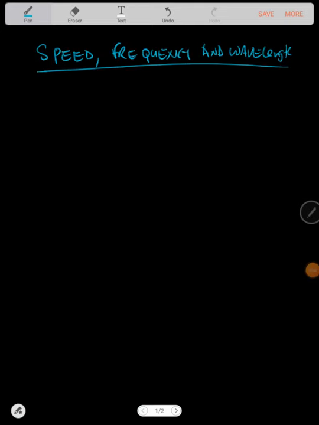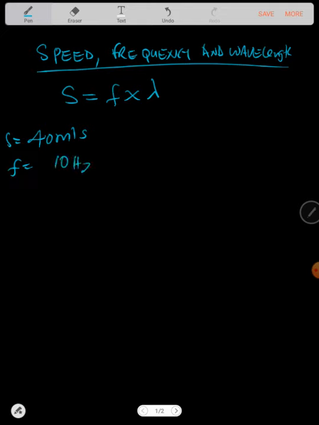Now, when speed, frequency, and wavelength have been given, I can calculate them. These three are connected by the equation: speed is equal to frequency times lambda. Lambda is the symbol for wavelength. For example, if I've got a speed of 40 meters per second and a frequency of 10 hertz, how can I find wavelength? I know that speed is equal to frequency times wavelength.